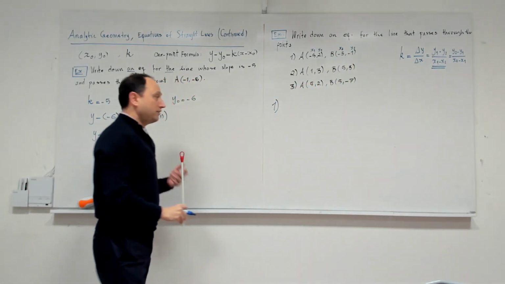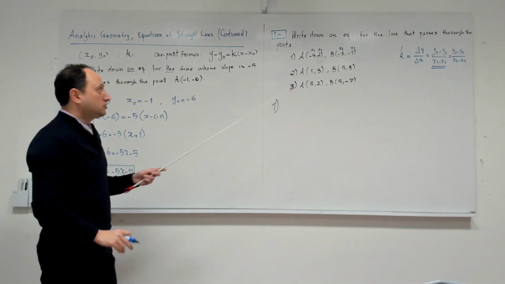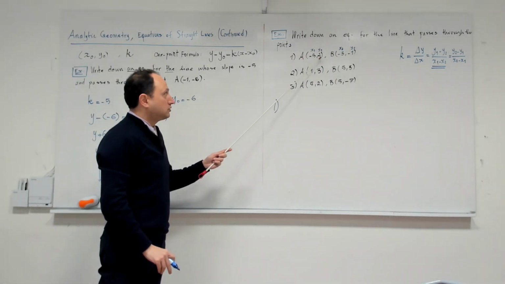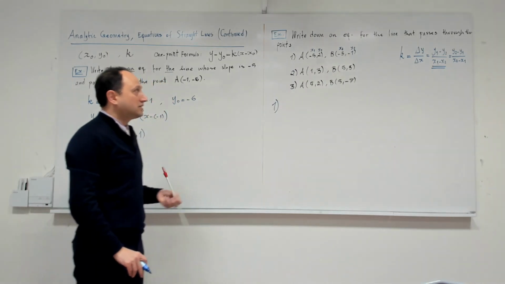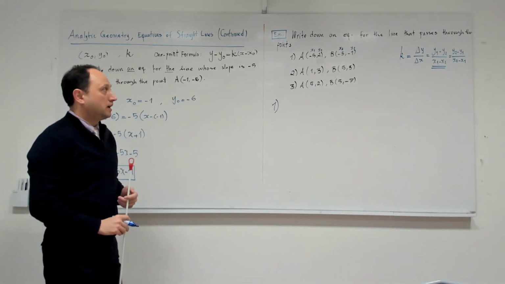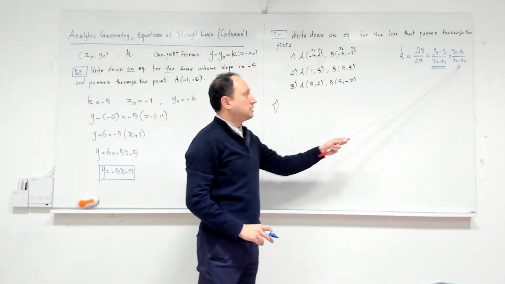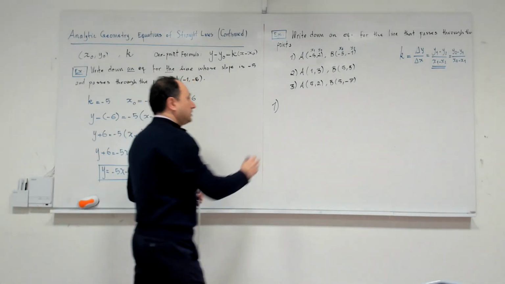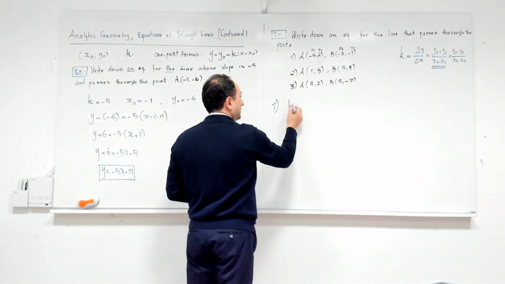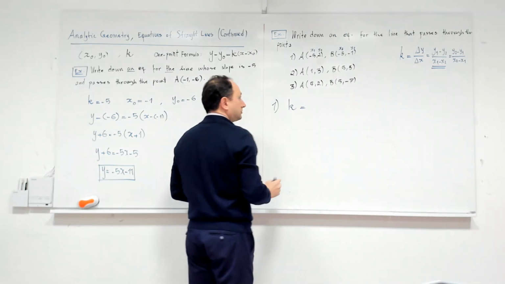So you have a lot of freedom here. You can choose this one to be x2 and y2, this one to be x1 and y1. It doesn't matter at the end. And you can use this formula instead. It doesn't matter. So the first thing that I have to calculate here is the k value.